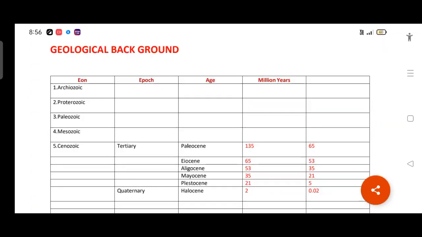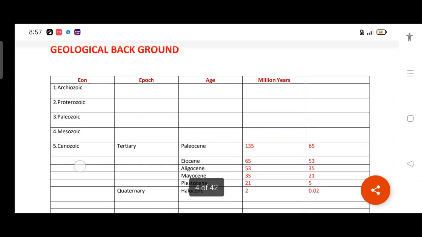Now we are going to learn the geological background of the earth. Geological background is nothing but the age or history of the earth. Many geologists have their own classification of the geological background of the earth. From those, we will take a very comfortable and easy classification.